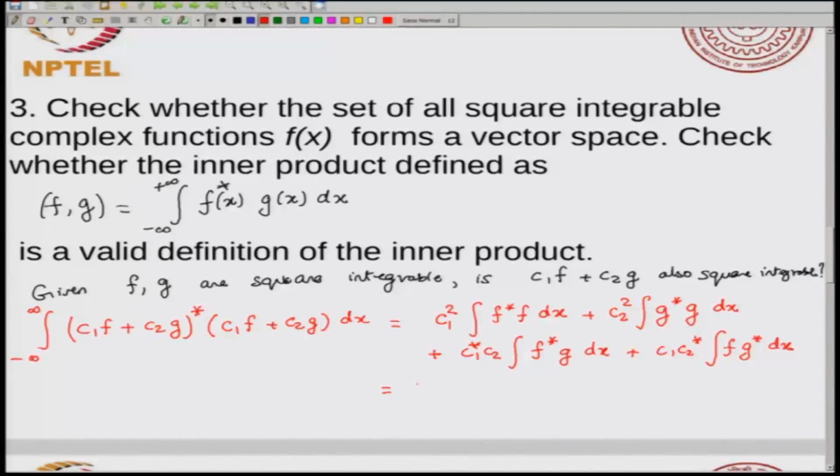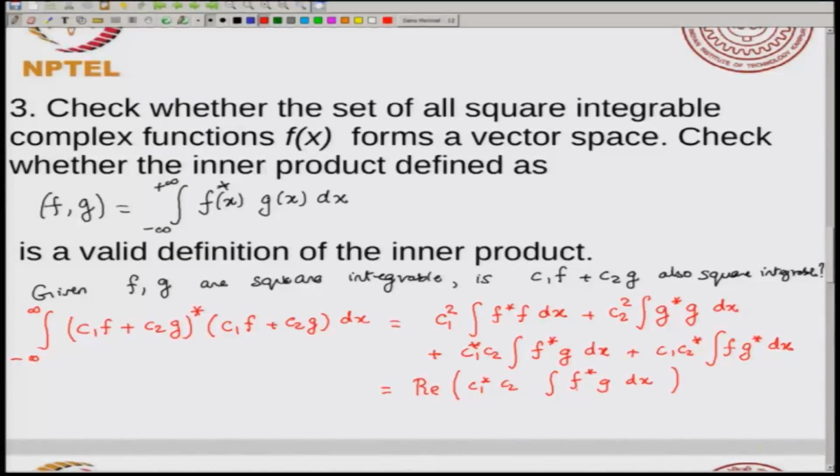So I can write this as the real part of C1 star C2 integral f star g dx. Okay. And now, actually we will see this in a minute.